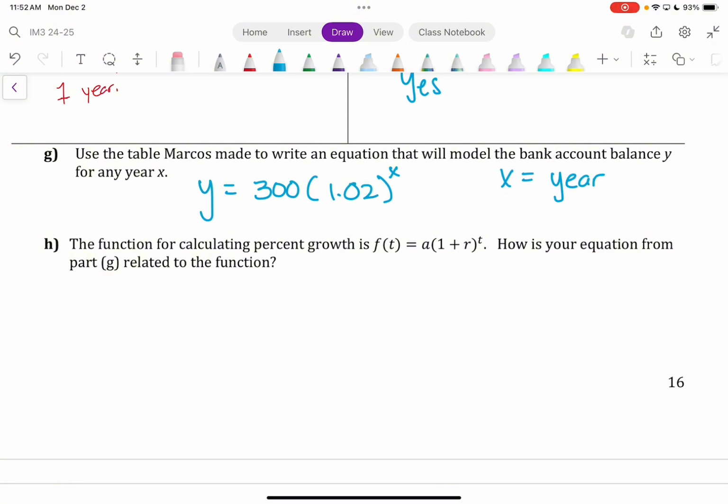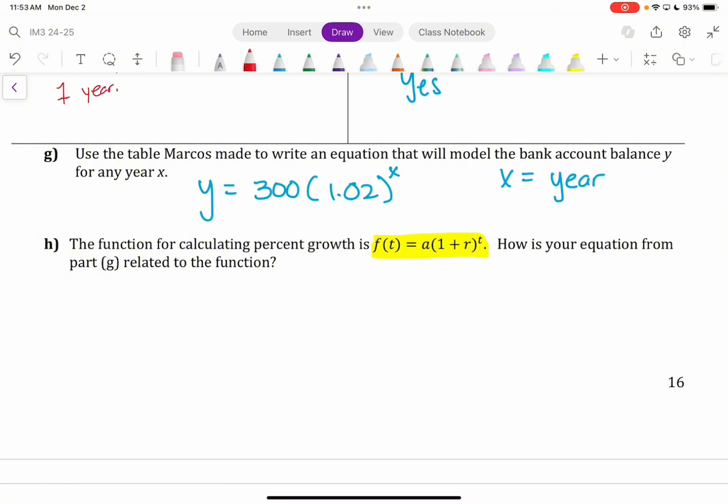Now, this function in the next part, f of t, is something we are going to be using in this unit, or in this lesson today. Look at what this is telling you. Function f of t is equal to a, parentheses, 1 plus r to the t.